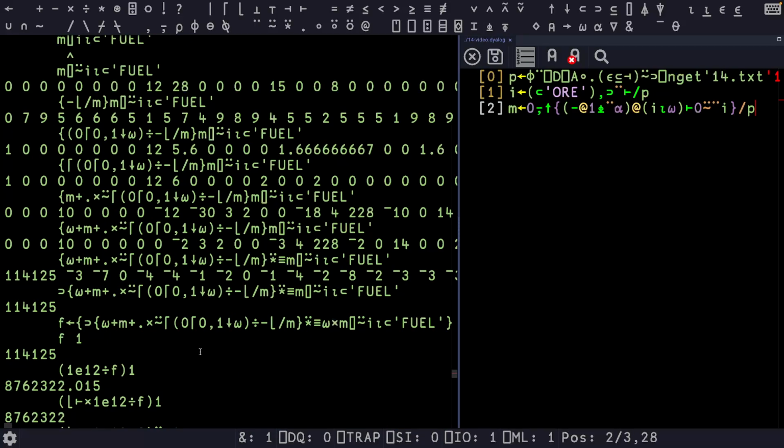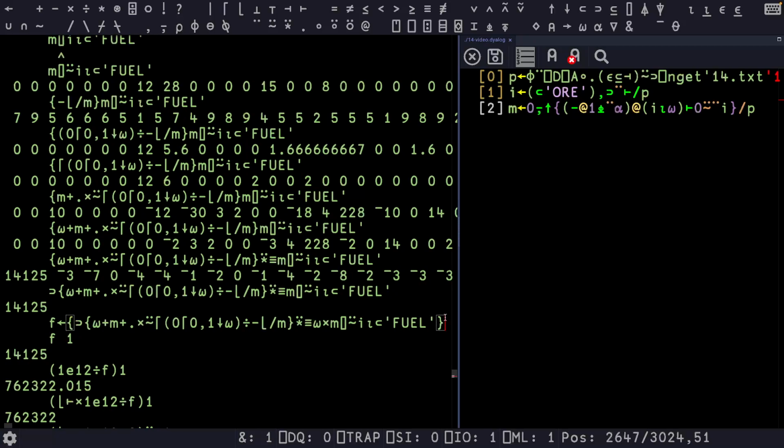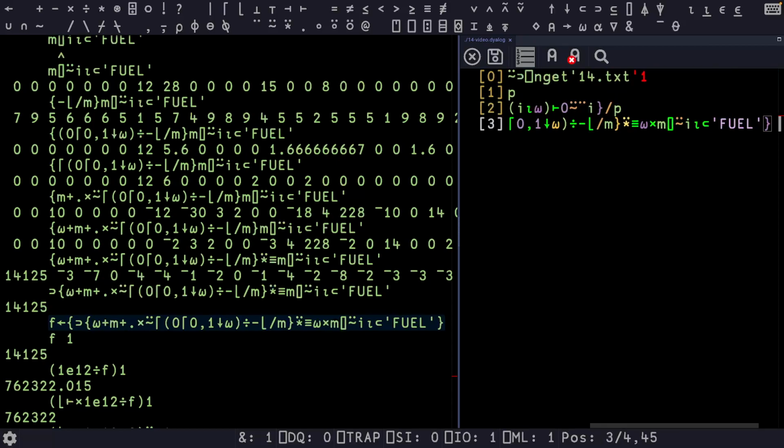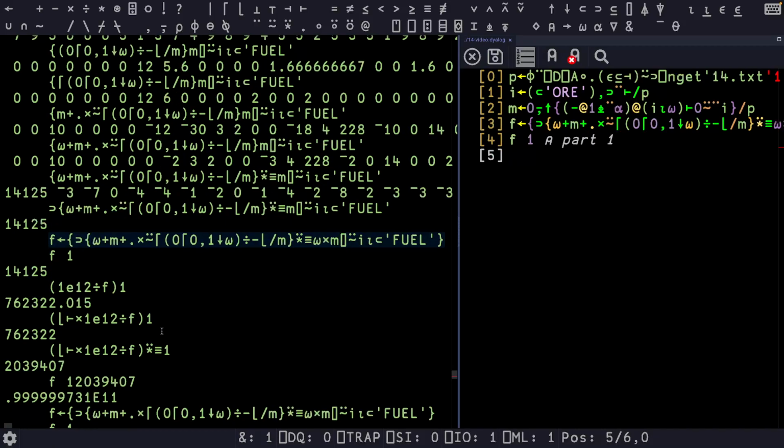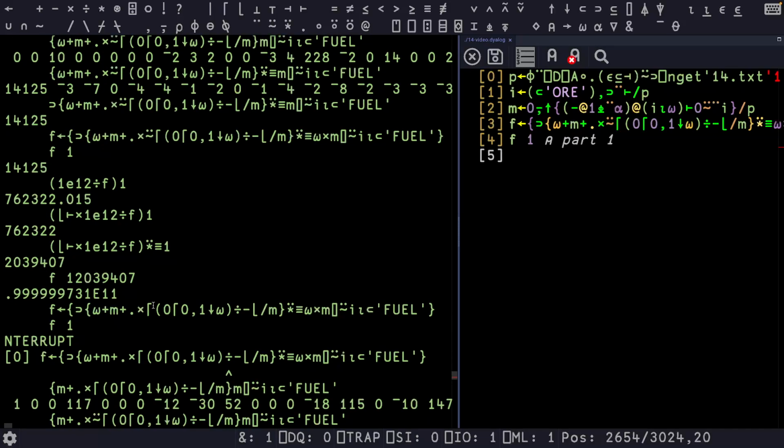And then we build our matrix, and that's here. And then we have our big function, and that's here. And then we run f on 1, and that's part 1. And then our part 2 solution is here.